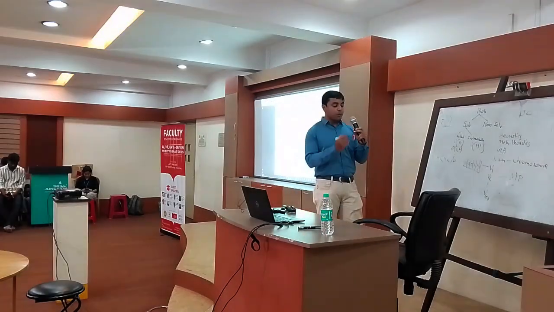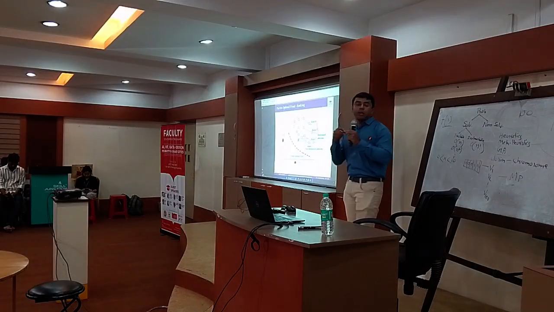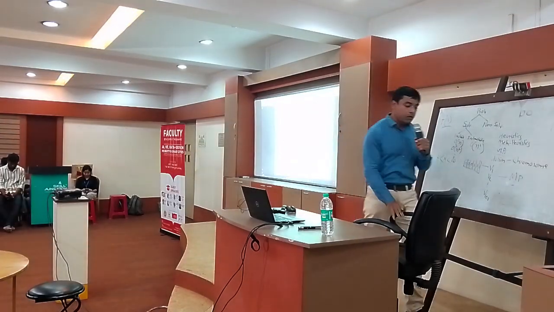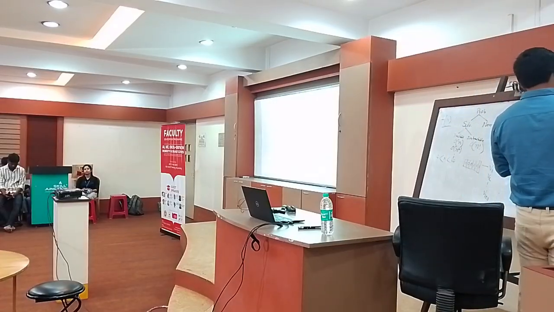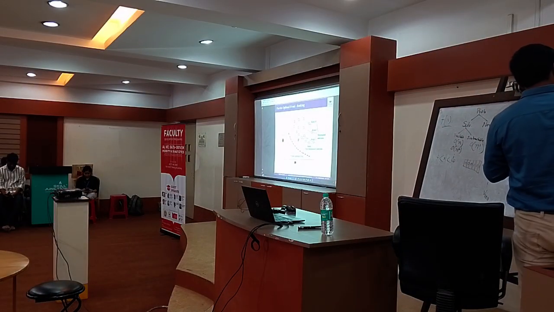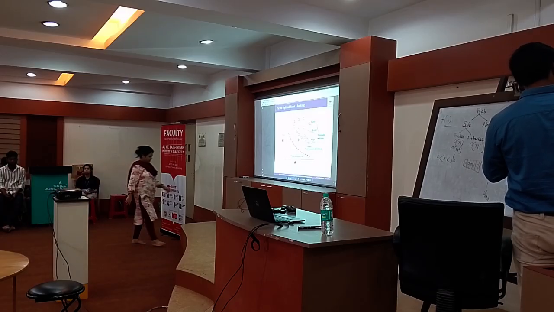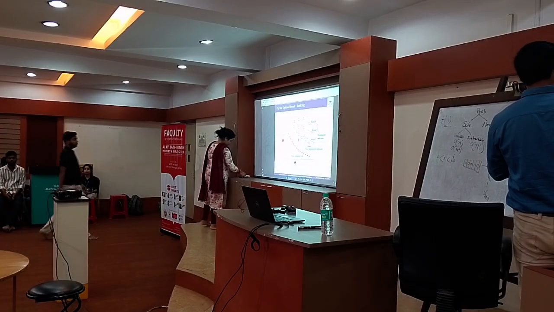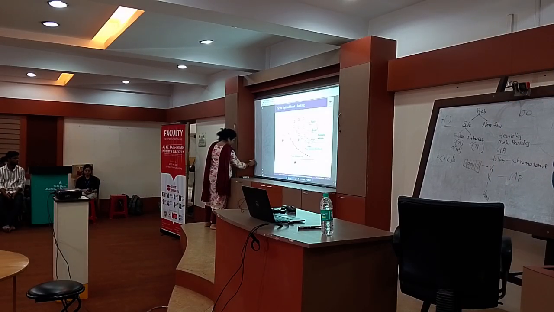From that pool, we perform crossover operations. How can I do that? There are lots of methods for crossover operation. For example, let me show you. Suppose we have 2 chromosomes. What is the meaning of crossover?